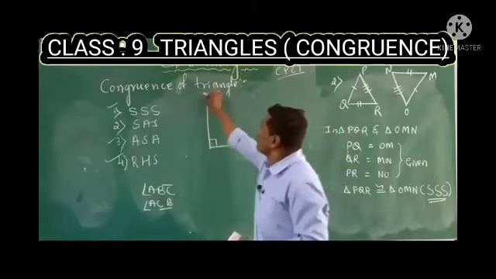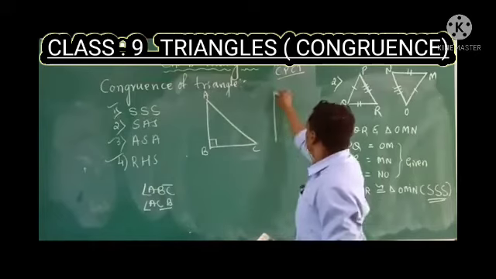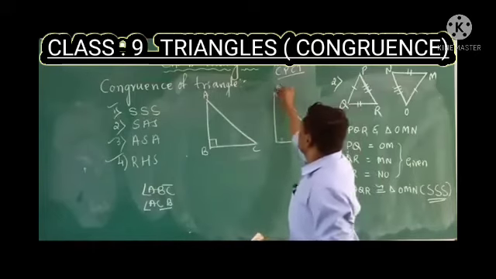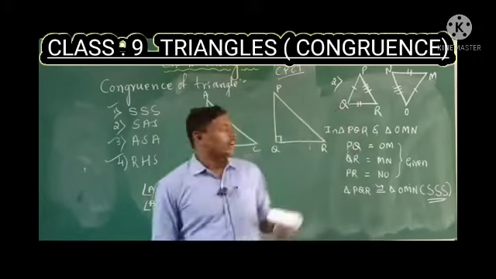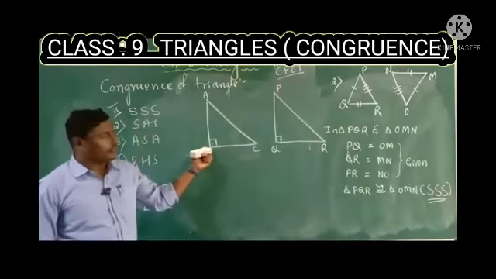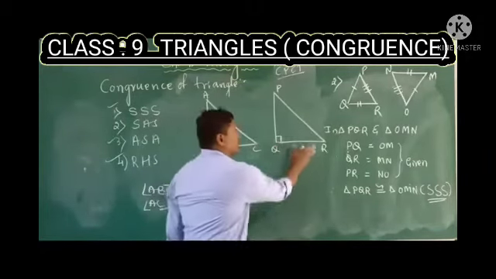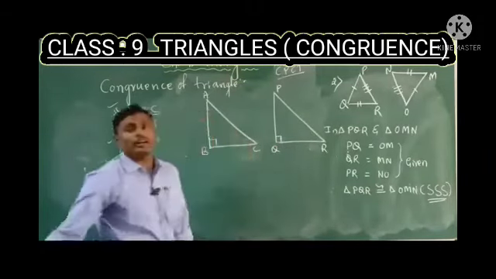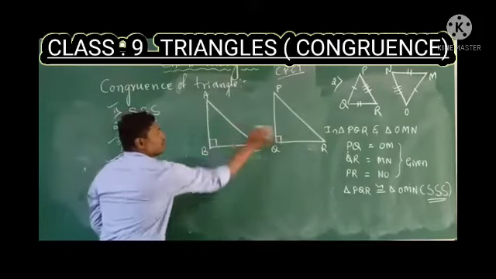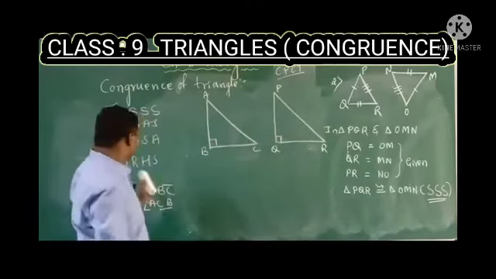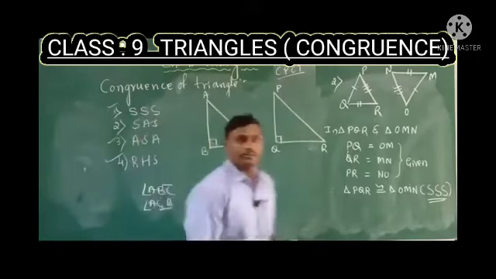So take two triangles, triangle ABC and triangle PQR. In the first triangle, angle B is equal to 90 degrees. In the second triangle, angle Q is equal to 90 degrees. It means these two angles are right angles. So, by using these two figures, we need to prove that the given triangles are congruent. Right?